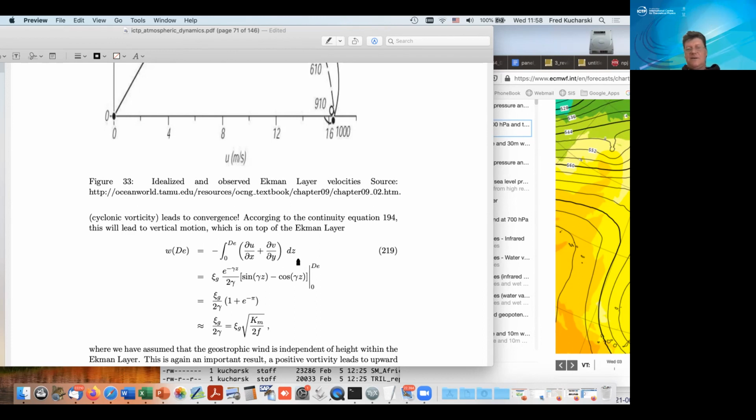That's a straightforward integration that you can do using formulas of the sine and cosine functions, and we get to this expression here. Because of this integration, there's 1 plus e to the power of minus pi.